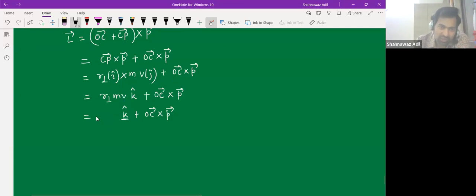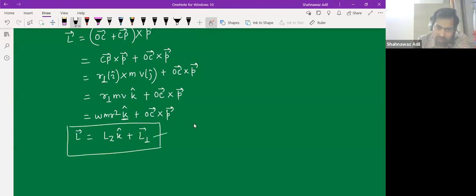So P is omega R, right? So omega and R square. So I can write this as LZ, and I can write the other as L perpendicular. So I can divide my angular momentum in two parts.